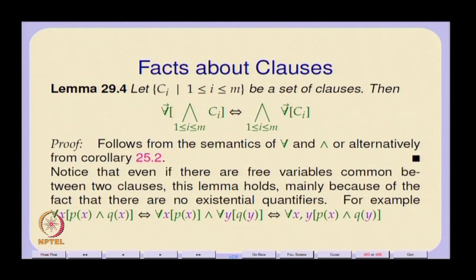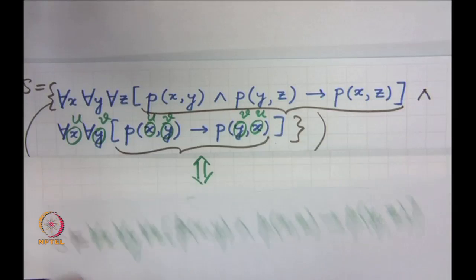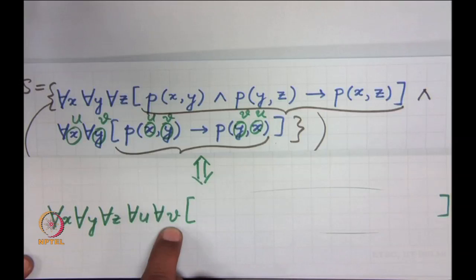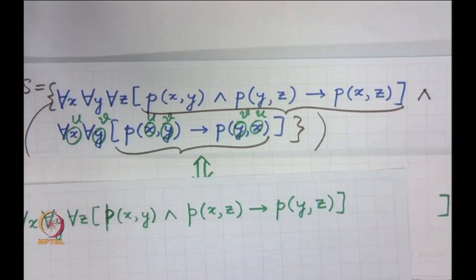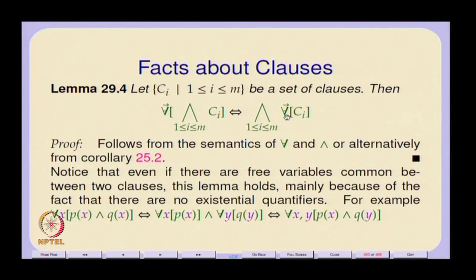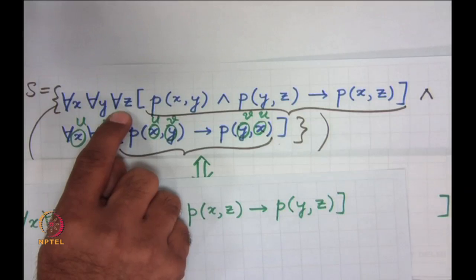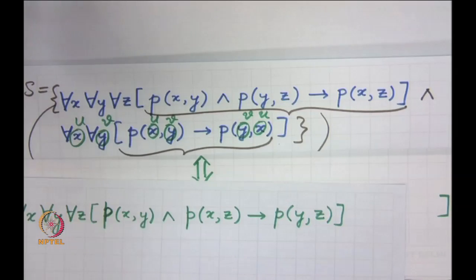Okay, so it can be moved around, but this universal closure therefore leaves unspecified what variables actually are free in Ci. So if you take these two clauses, for example, this universal closure on the left side corresponds to the closure of 5 variables, right? Whereas on the right side it corresponds to one clause with 3 variables universally closed and the other clause with 2 variables universally closed.